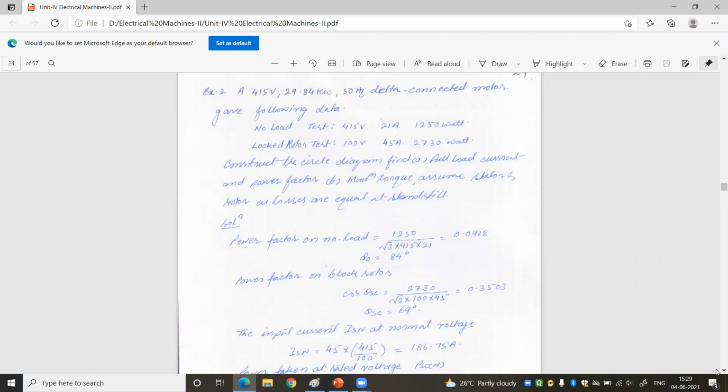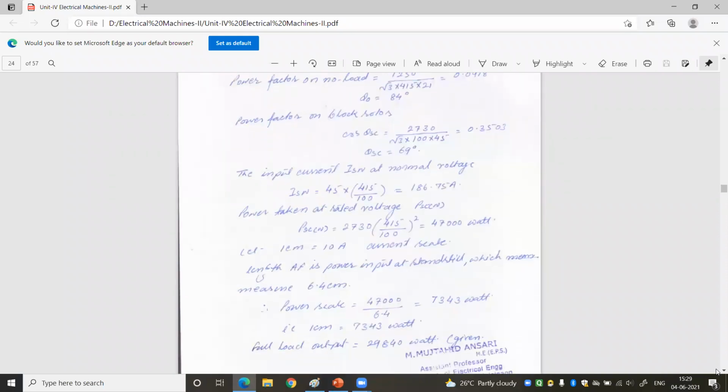So theta 0 is higher, nearly 90 degree, whereas the phi SC, the short circuit power factor angle, is 69.